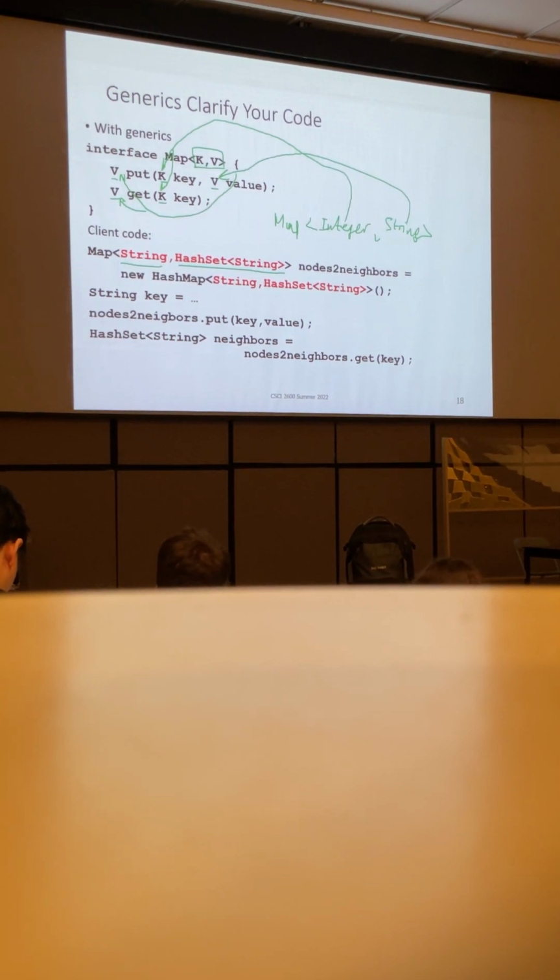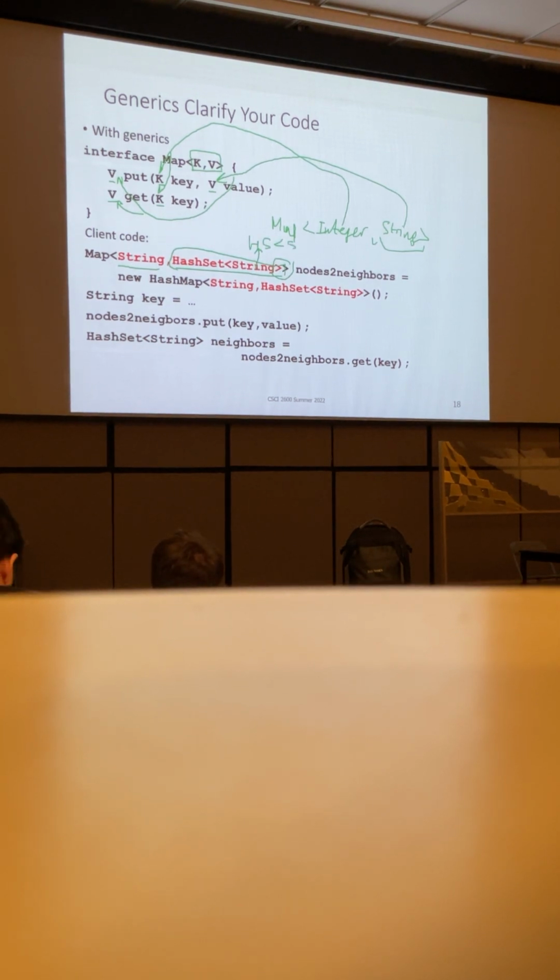But if we want one of the types to be not String but a HashSet, we can. But HashSet is a generic type, so it has to be in turn instantiated. So there's nothing wrong, but the syntax looks a little harder to digest because you have this sort of chevron, two closing angle brackets. But it's only because we decided that the value for our HashMap is going to be a HashSet. So the key is a String, the value is a HashSet.